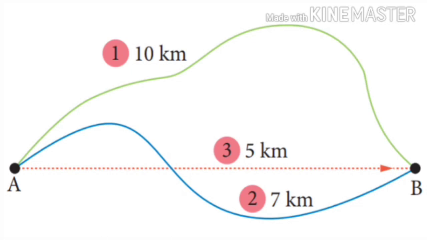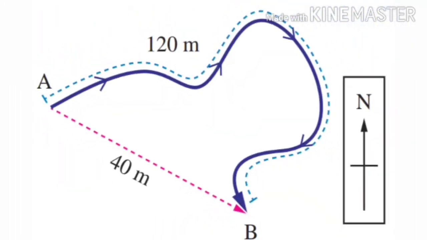But in the third path, the distance between A and B is only 5 km. So, from this, we know the shortest distance between A and B is the third path. So, this is displacement.